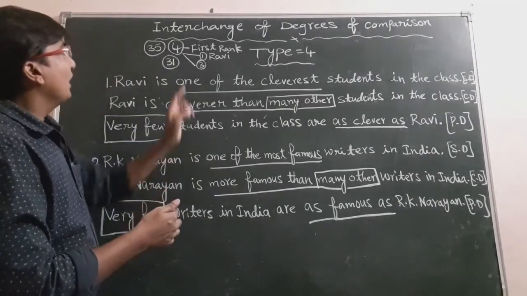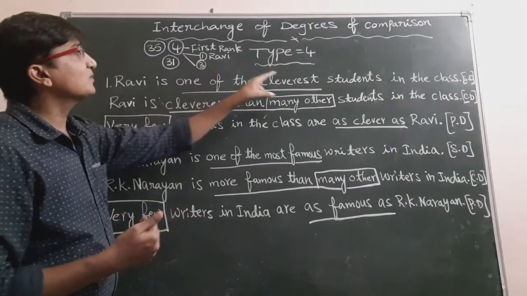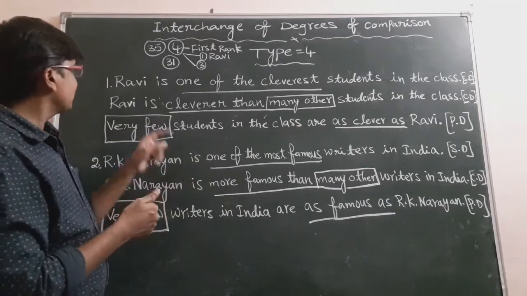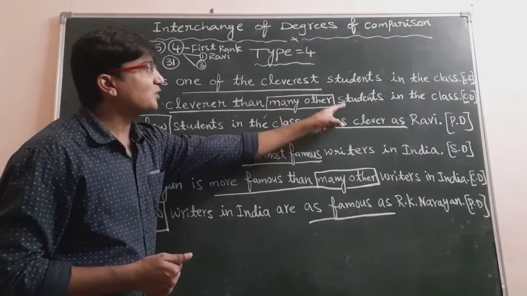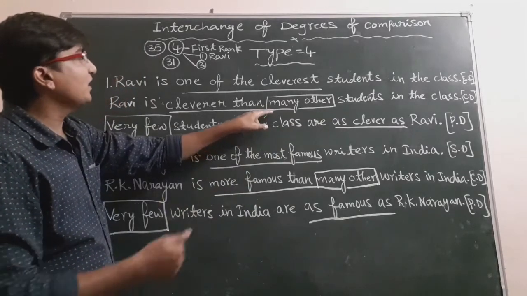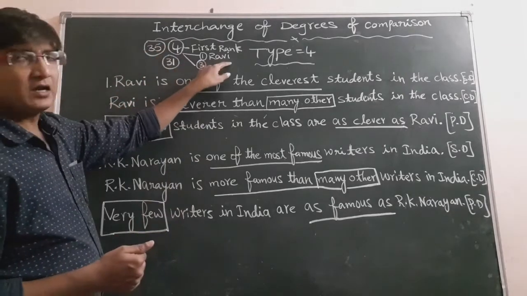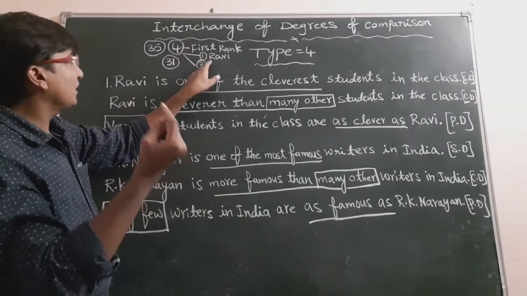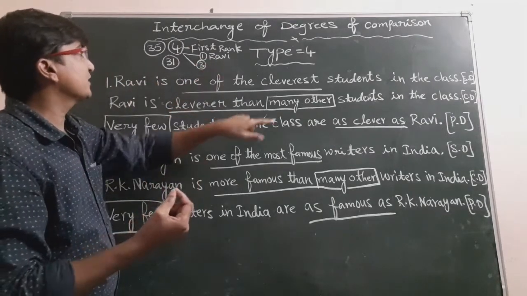Now here we are talking about one student, Ravi. He is one of the cleverest students in the class, and now its comparative is Ravi is cleverer than many other students in the class. So here these many other students are out of 35, 4 they got first rank. Among these 4, one is Ravi, he is also one of the persons who got first rank.